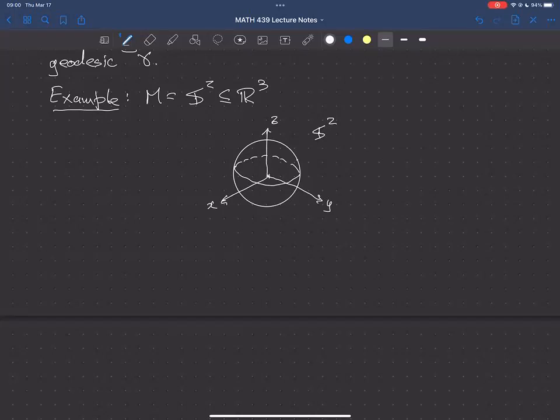Now, S2 has a standard Riemannian metric on it. And what is that standard Riemannian metric?